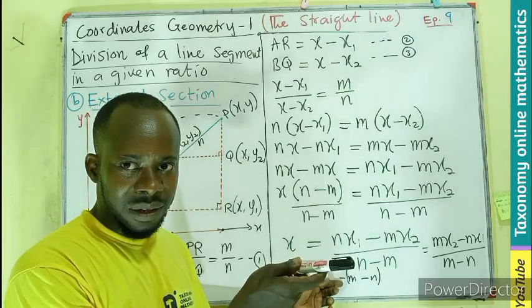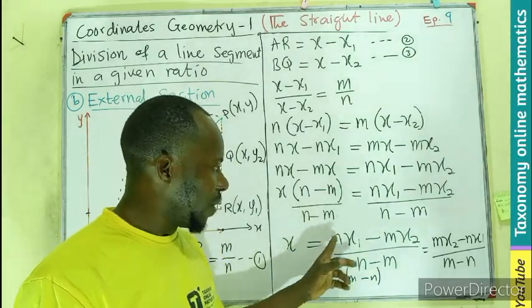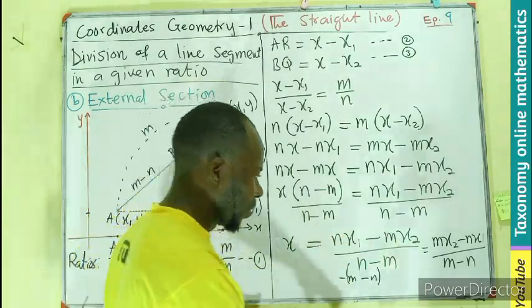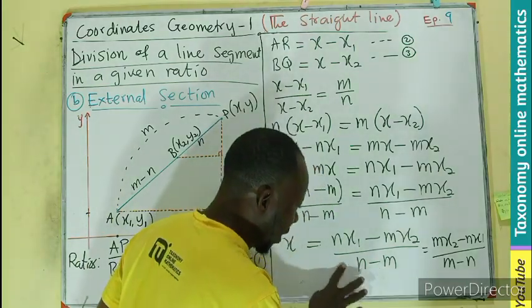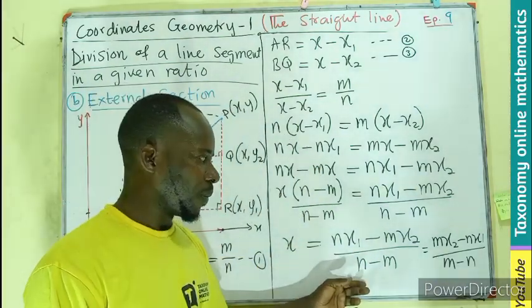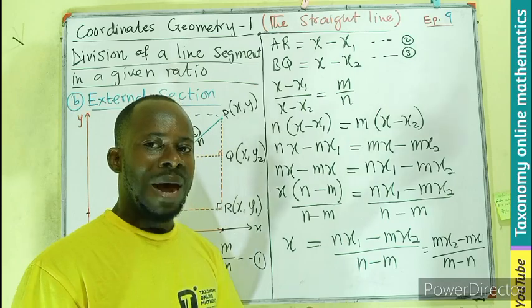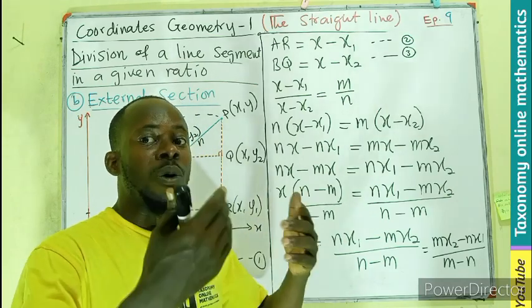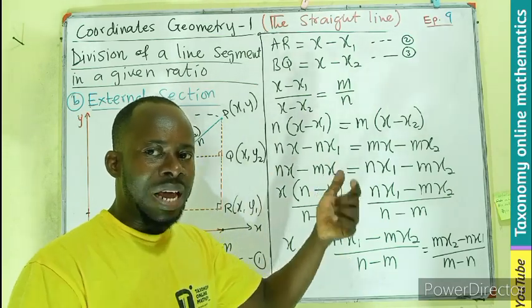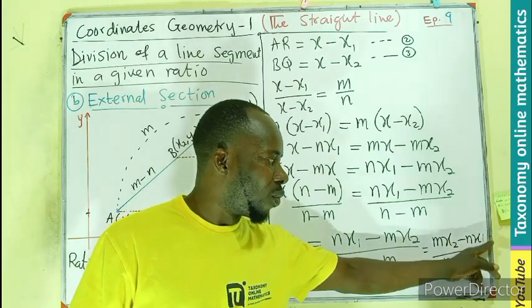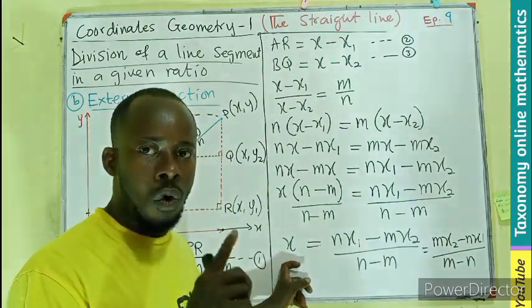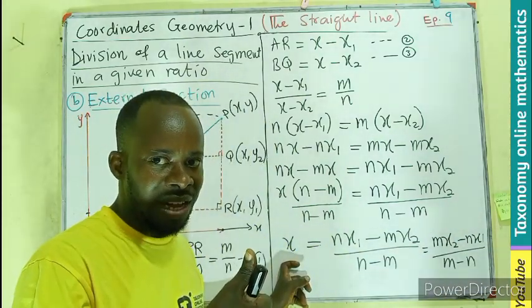This is the same as that. You will get the same value if you operate it without this. But to have a generalized formula to mirror that of the internal division, we can go for this as the x coordinate.